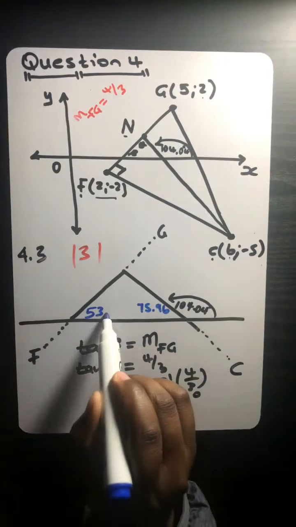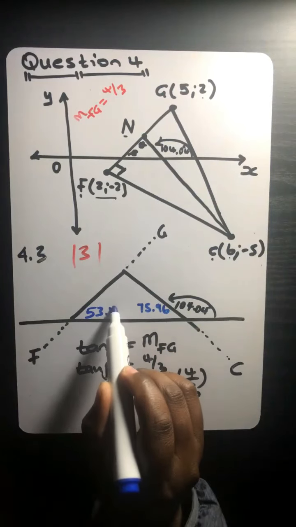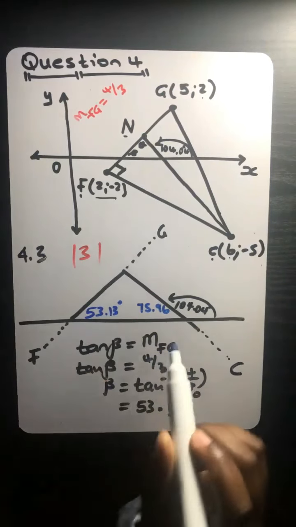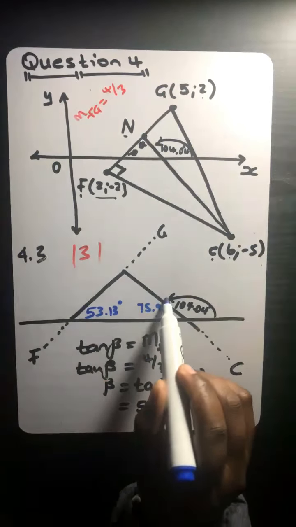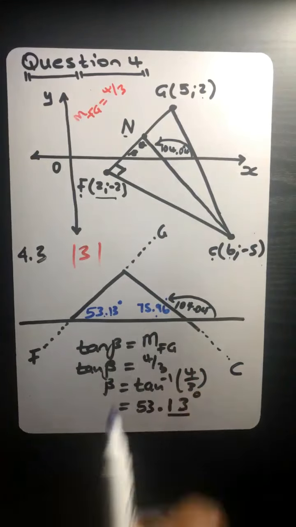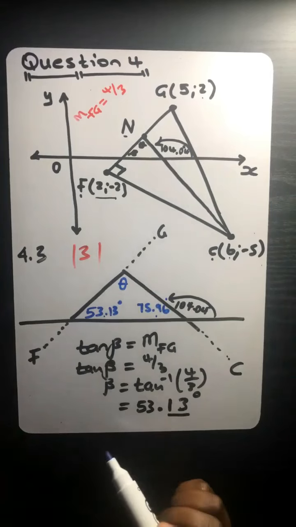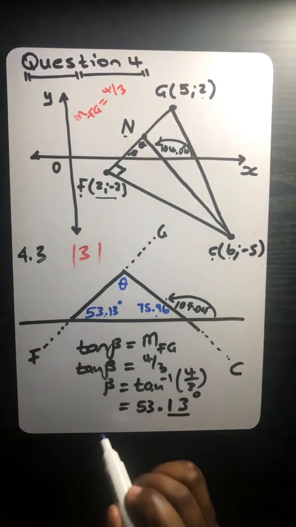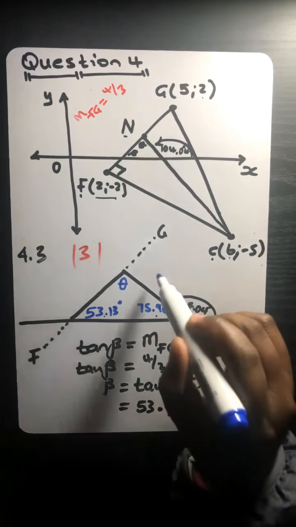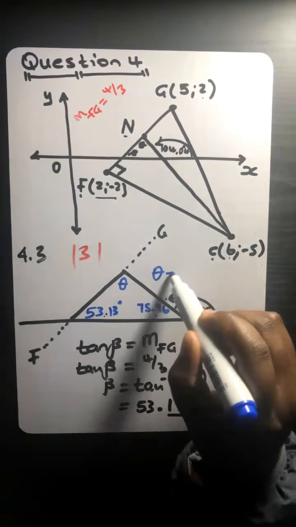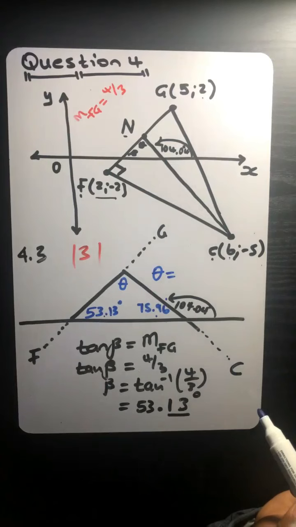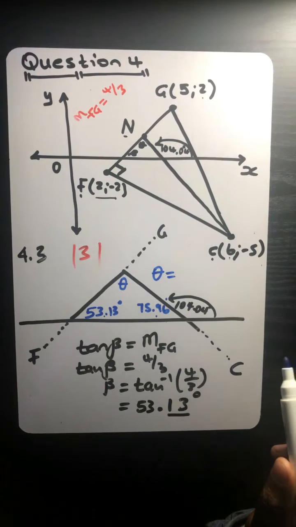So you guys are saying 53,13 degrees. So we have that angle. Can we now calculate angle theta, guys? What is angle theta? Anyone who wants to give it a try?